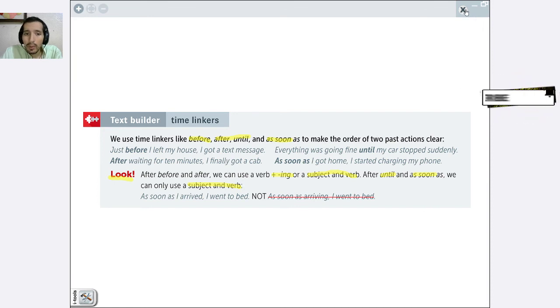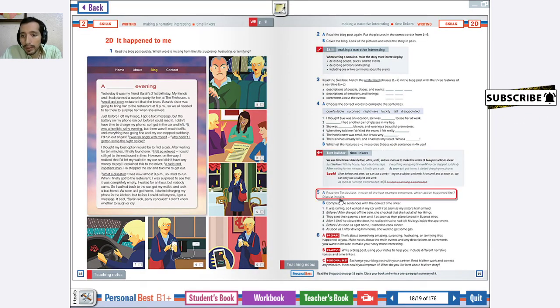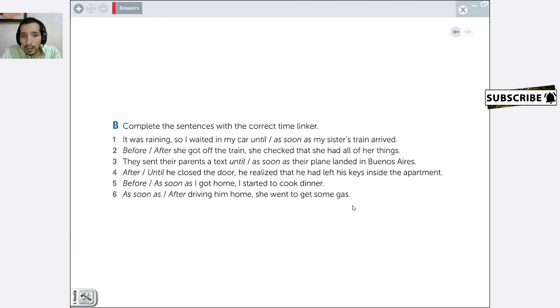Now, how is this so important? Well, basically because there is a task here, which is activity B, and you would have to complete the sentence with the correct time linker. You would have to circle, highlight, or underline the correct time linker. That would be basically it. Simple, a 1, 2, 3, and that's it.